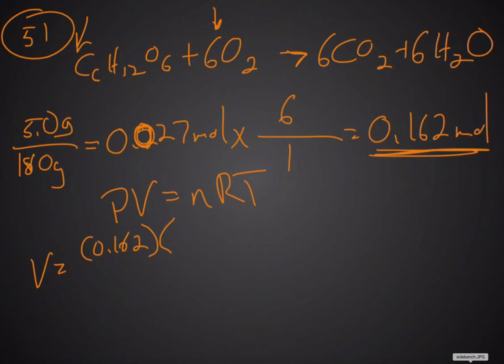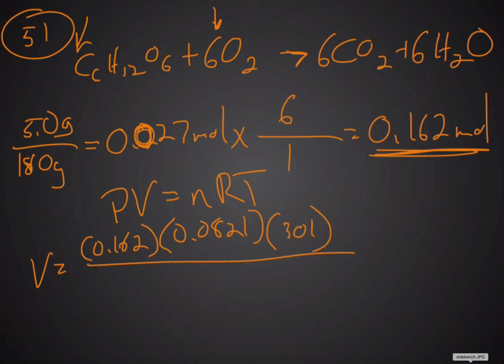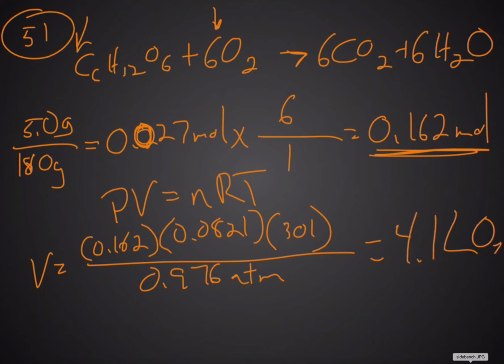We are given the pressure in atmospheres, so we can use 0.0821. Temperature is 301 Kelvin, and the pressure is 0.976 atmospheres.